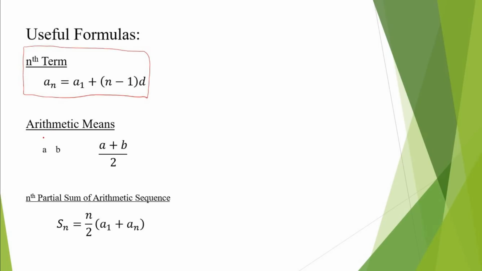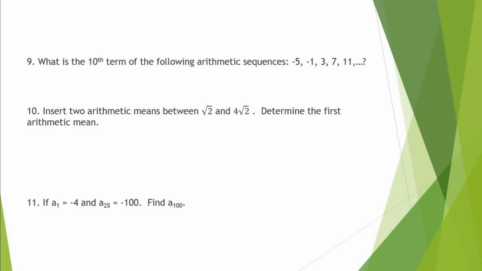And for arithmetic means, suppose we have two numbers a and b, then their arithmetic mean would be equal to a plus b over 2, since we only have two numbers. Then another probably useful formula would be also the nth partial sum of arithmetic sequence, which is equal to S sub n is equals to n over 2 times a1 plus a sub n. So let's have some illustrative examples.